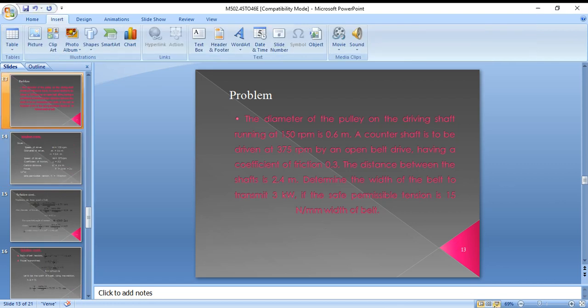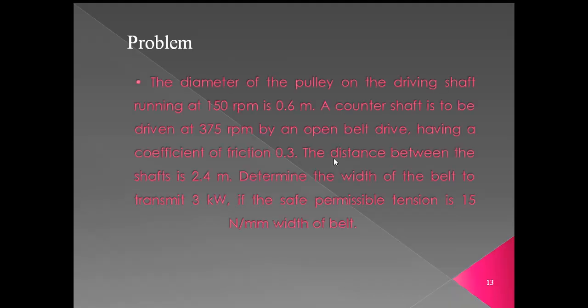The next problem is: the diameter of the pulley on the driving shaft running at 150 rpm is 0.6 meters.